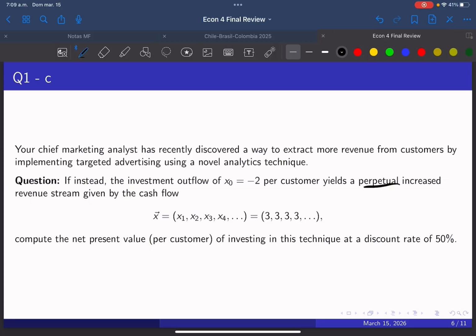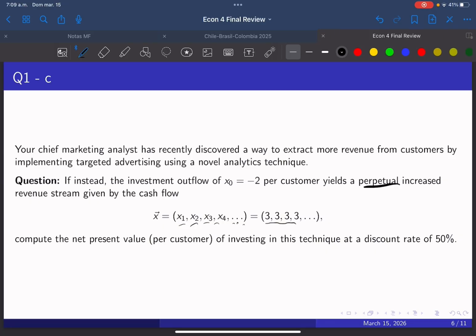Here, that means we're going to get payments every period, basically forever. So now we write this as x1, 2, 3, 4, ... and the dot dot dot just means that we're going on and on and on. So there's no end period. And each period we're getting $3.